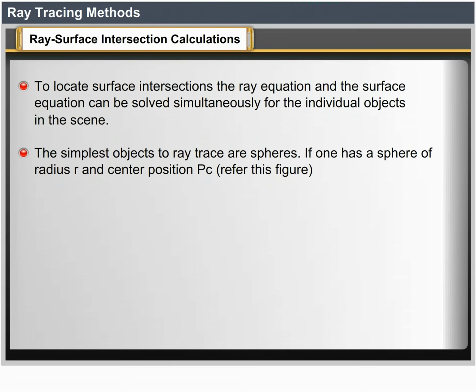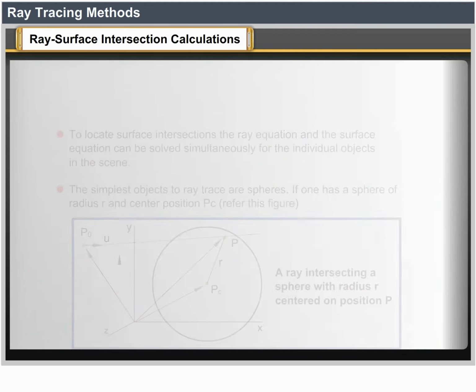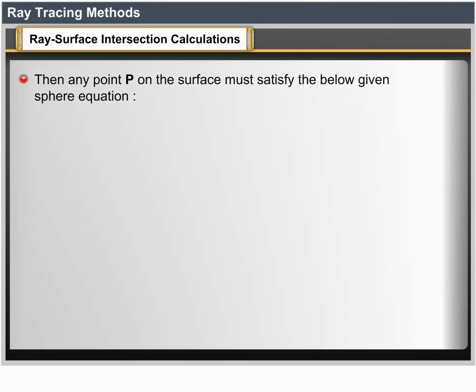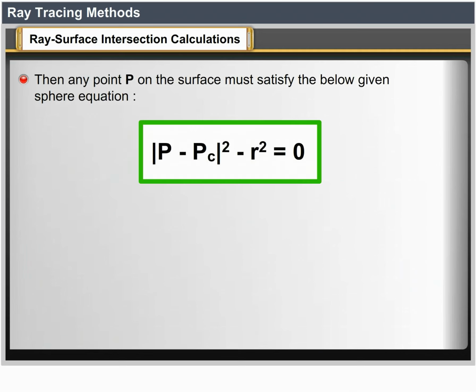If we have a sphere of radius r and center position PC, refer this figure, then any point P on the surface must satisfy the sphere equation. Mod of P minus PC whole squared minus r squared equals 0.